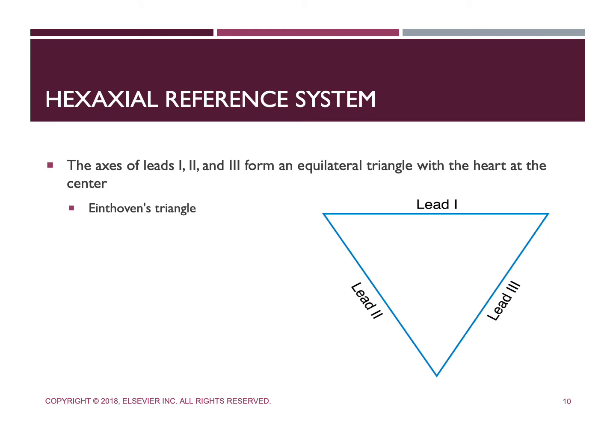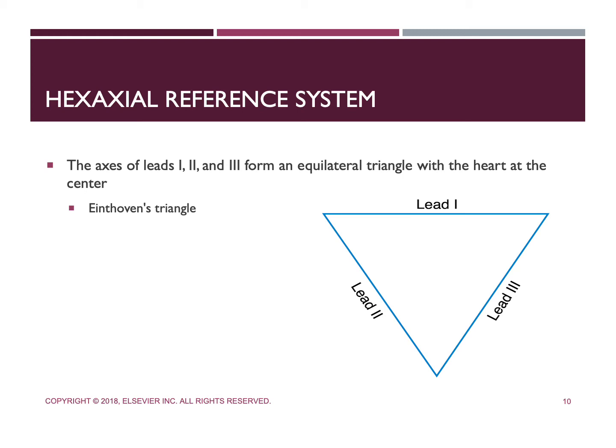So what you see here on this slide is Einthoven's equilateral triangle formed by leads 1, 2, and 3. So the axes of leads 1, 2, and 3 form an equilateral triangle with the heart at the center, which is also known as Einthoven's triangle.